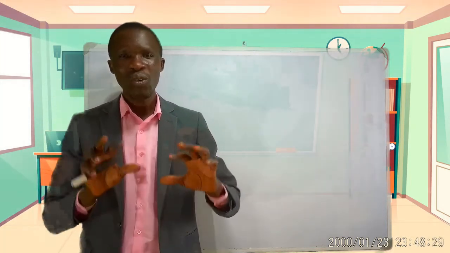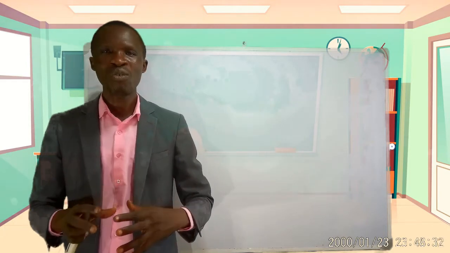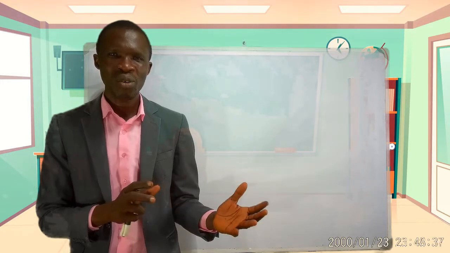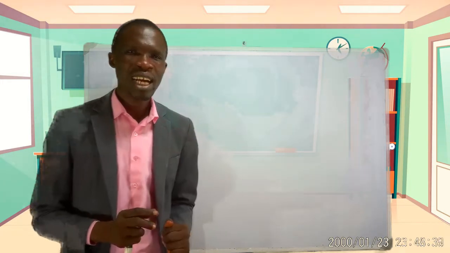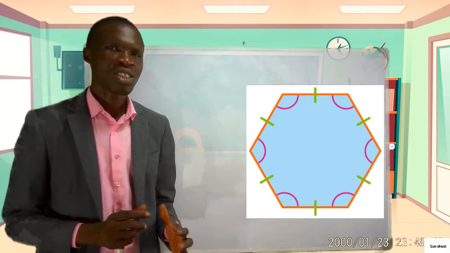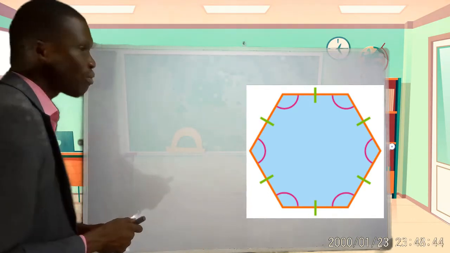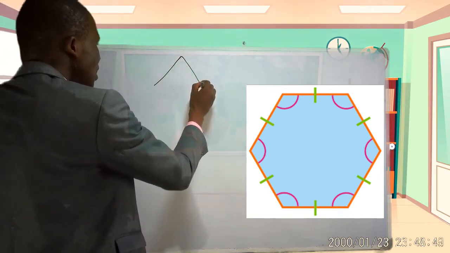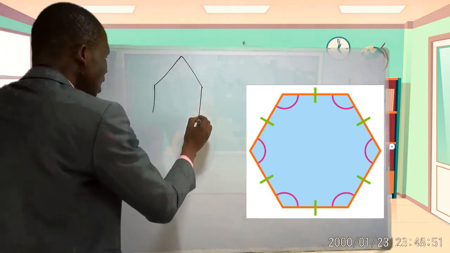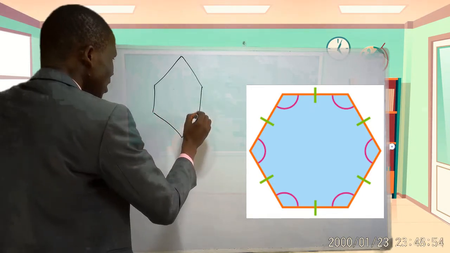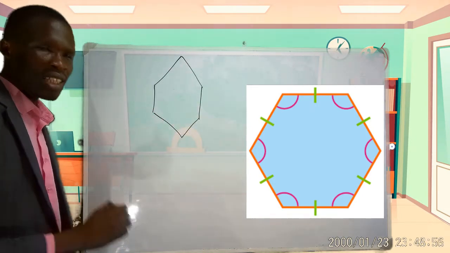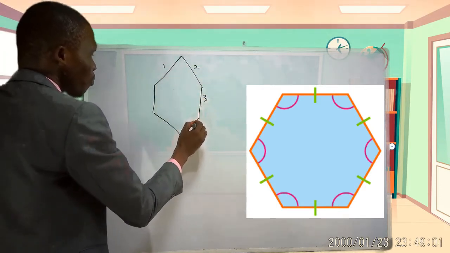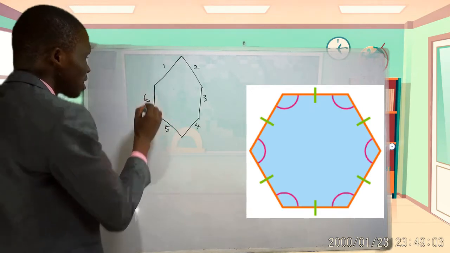So I want to start with the sum of interior angles of a polygon. Now, how can we find the sum of interior angles of a polygon? Let me start with the hexagon so that you don't get confused. A hexagon is like this: 6 sides. Why do we call this a hexagon? 1, 2, 3, 4, 5, 6.